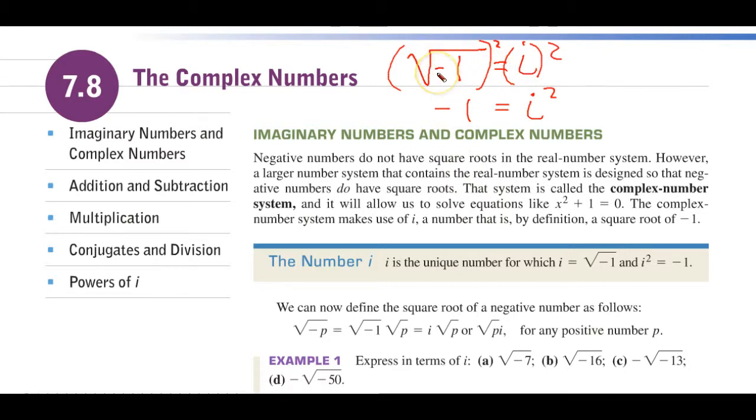So we are defining this as a new number. Now, initially when this was done many years ago, they called it an imaginary number, and that's where the letter i comes in. It's not imaginary, it's just not a real number.